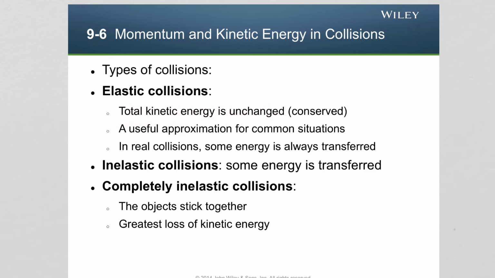Another important feature of elastic collisions is the fact that when the collisions between the objects happen, the objects do not change shape. So you can think of an elastic collision example being the collision between two billiard balls. Visibly, we cannot detect change in shape when two billiard balls collide with each other.